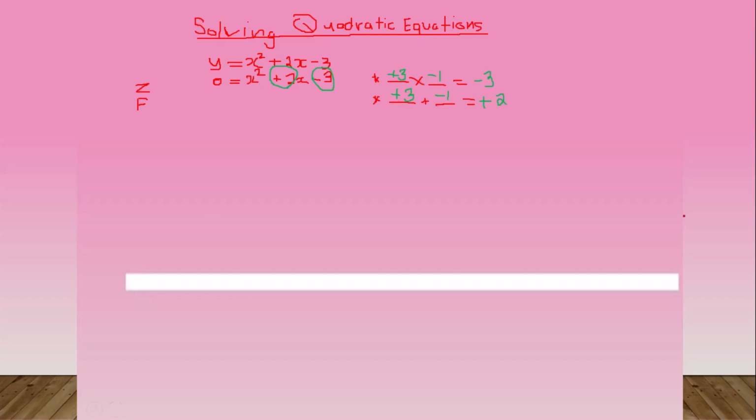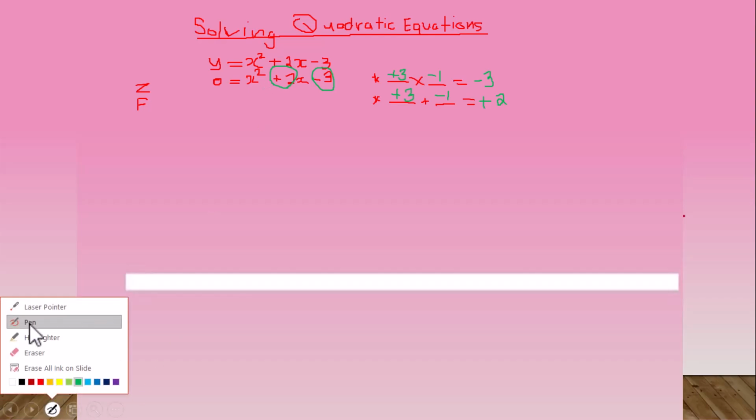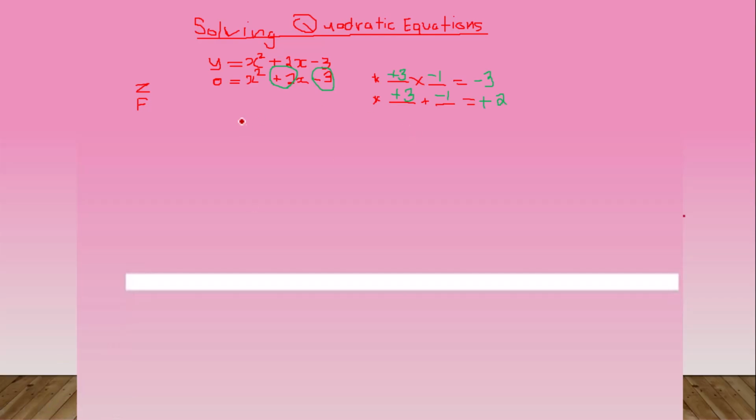These 2 numbers now make up our factors. x plus 3 is one factor and x minus 1 is the other factor.